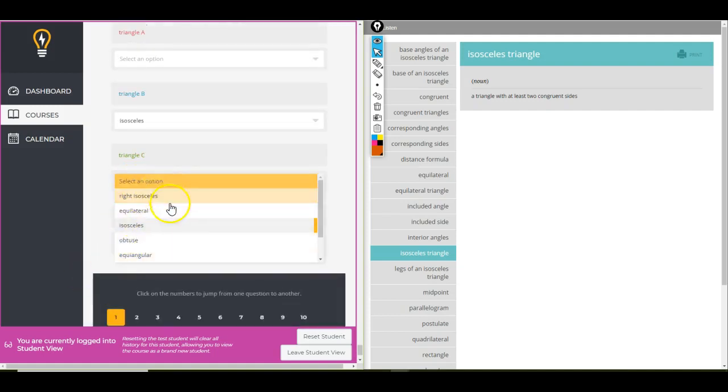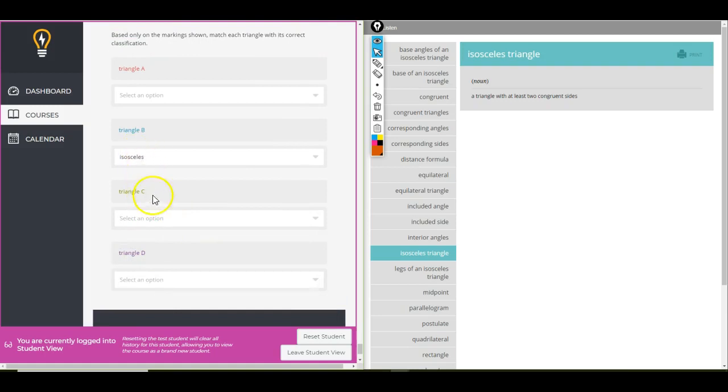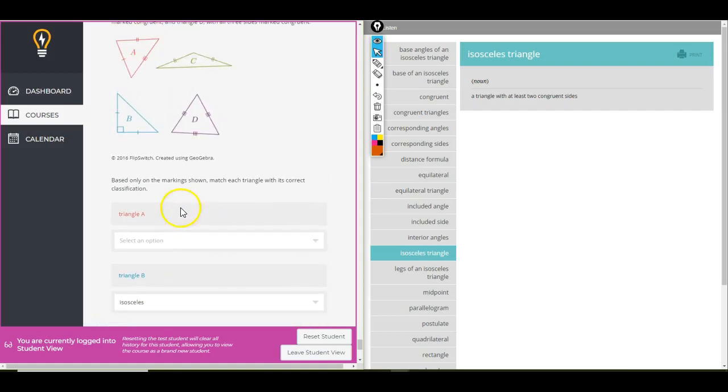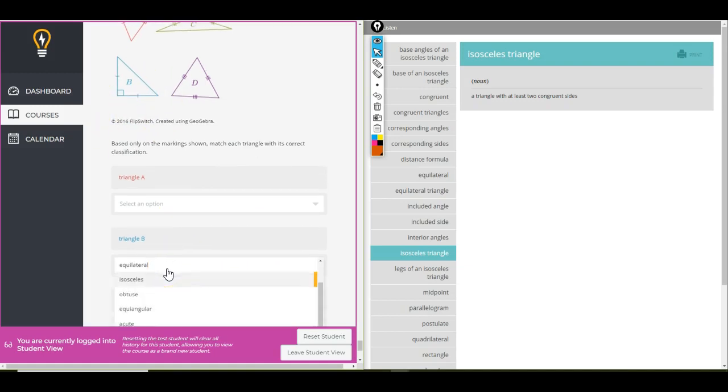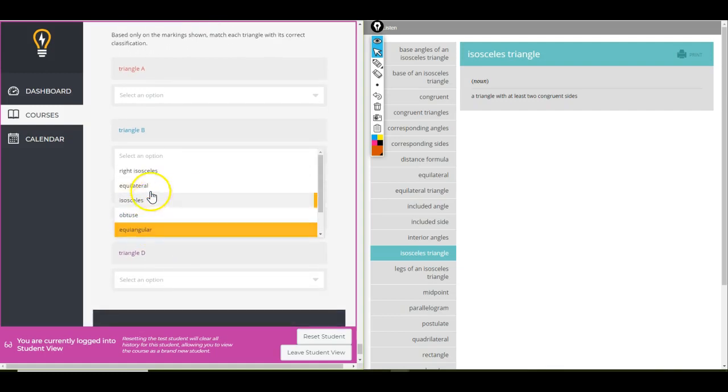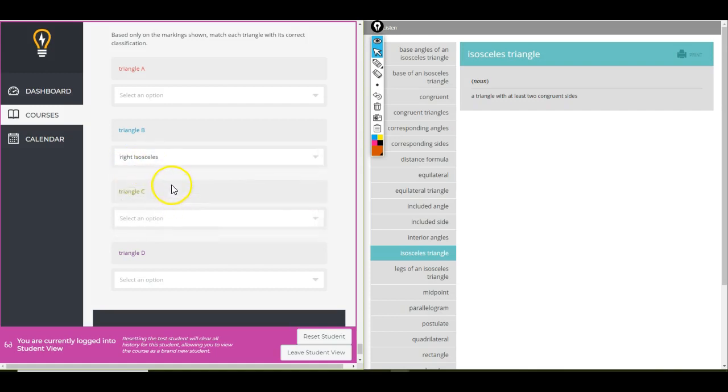And if you look, there's only an option to select isosceles once, and since we selected it for triangle B, maybe there's a more specific classification we could look at for triangle B, because it does have a right angle. So maybe it is an isosceles and it is a right angle, so it is a right isosceles triangle.